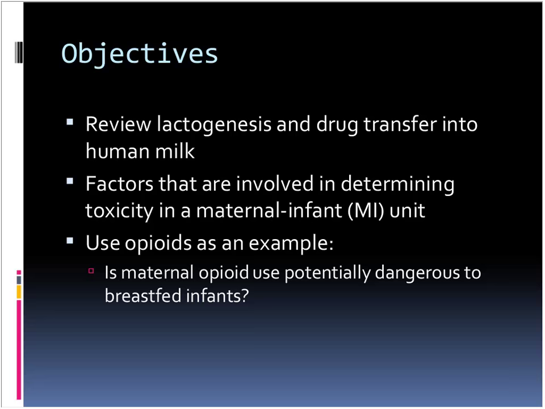And I'm going to use opioids as an example. Probably the most common question that most toxicologists are going to get, either investigating toxicity or a death, or as a general question whether this is okay to use during breastfeeding.